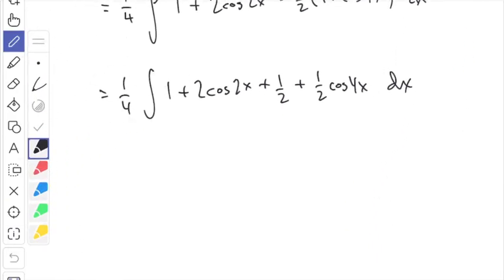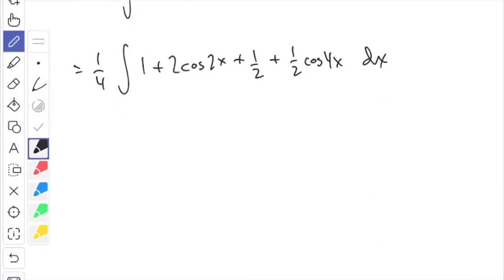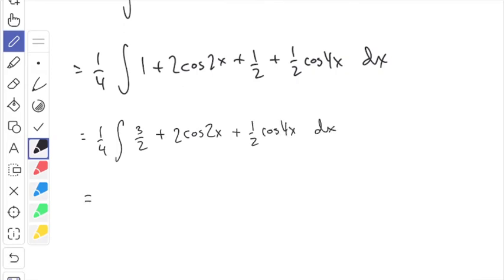I'm pretty much ready to do the integrals at this point. Maybe I'll add up the constants first. There's not really any cancellation inside, but I can add 1 plus 1/2 is 3/2. And then I got all the rest of this stuff here. And then we do the integrals. So 1/4 is on the outside, and then I get 3/2 x.